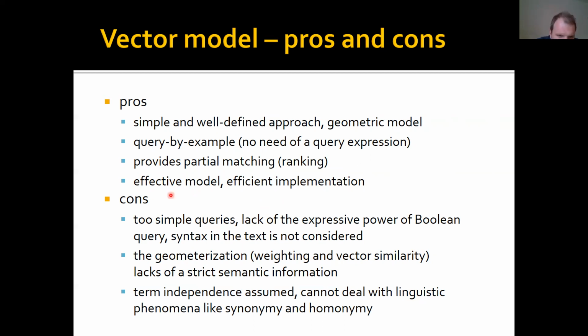but this could be also improved because as such the model is too simple. We have a more homogeneous geometrical view, but we don't have the possibility of combining terms we had in the Boolean model.